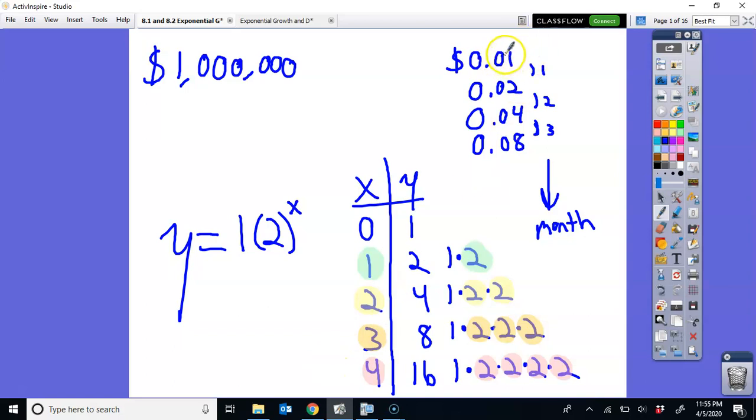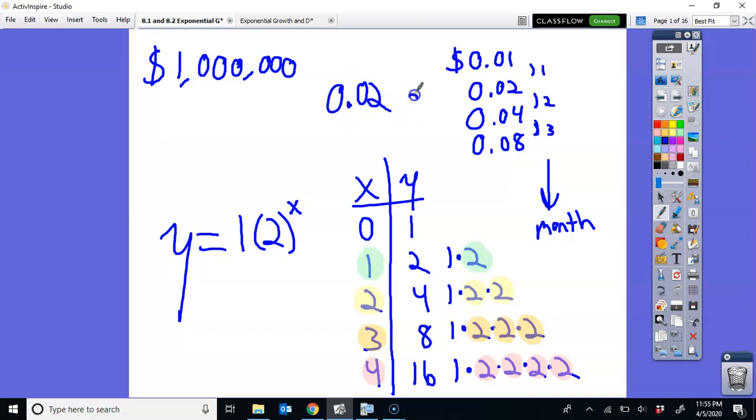Meaning from day 0 to day 1, you had 1 the first day, but then you had 2. You gained a whole penny, 100% of what you had before. From day 1 to day 2, you went from 2 to 4, meaning you gained 100% of what you had before. Meaning on day 1, you had 2 cents.